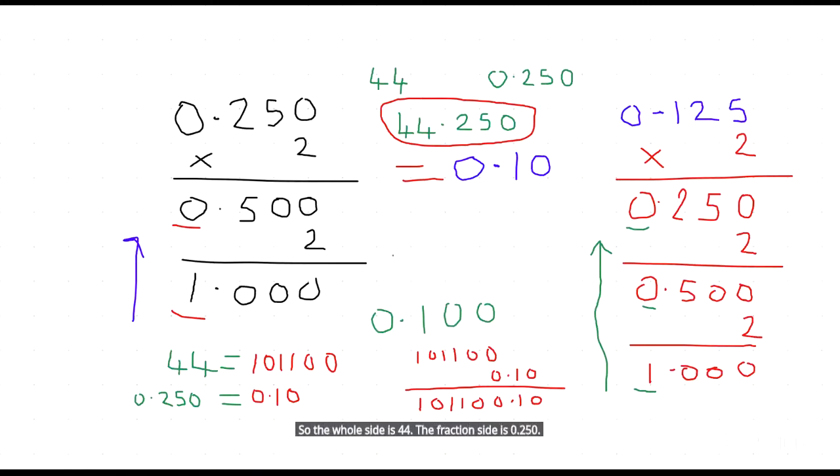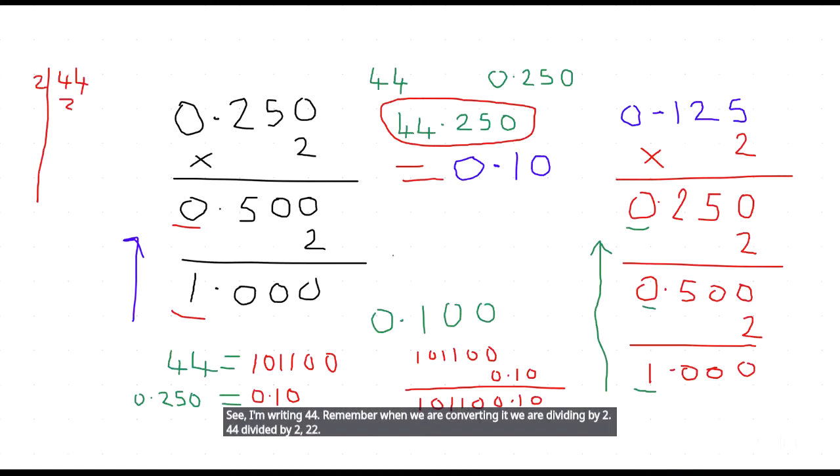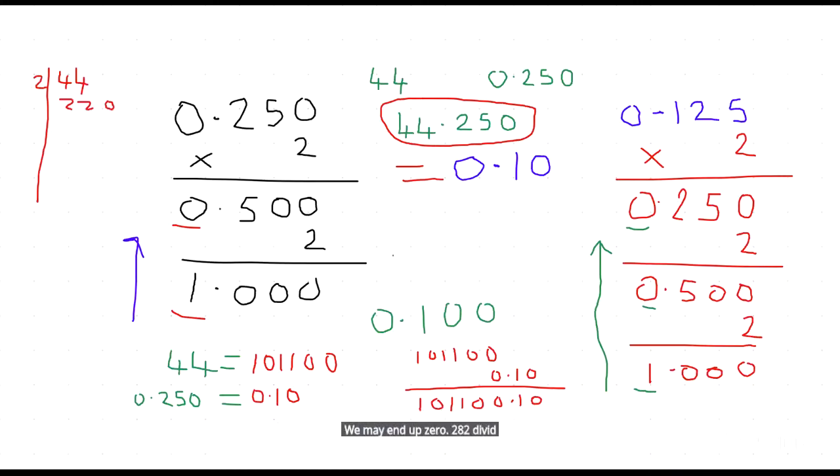Remember when we did 44, we were dividing by 2: 44 divided by 2 is 22, remainder 0; 22 divided by 2 is 11, remainder 0, etc. At the end, we got 101100. That's number 1.